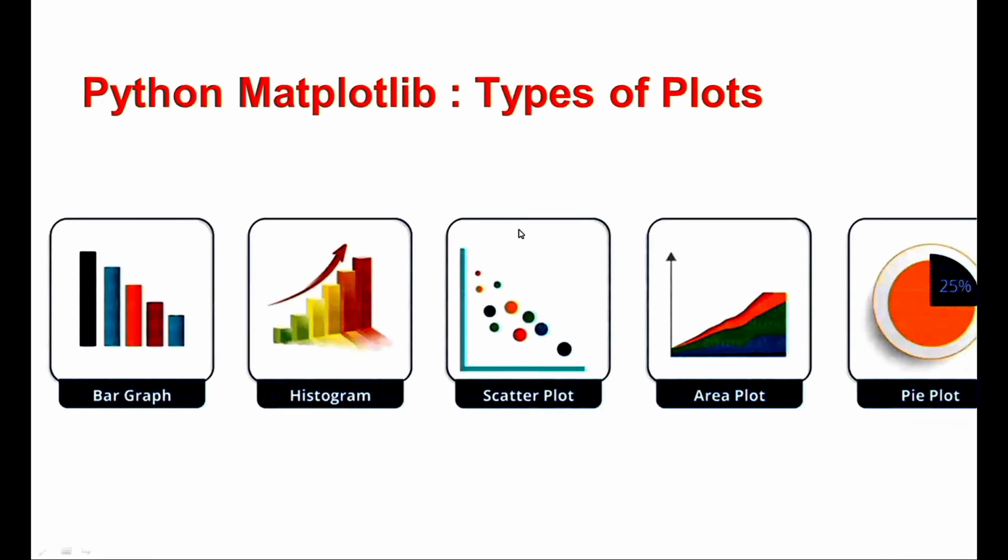These are the types of plots that you can make using the simple Matplotlib library. First is a bar graph, which must be known by you all. This is a very simple and well-known graph. Here you just verify whether the variables are up to the mark or not.